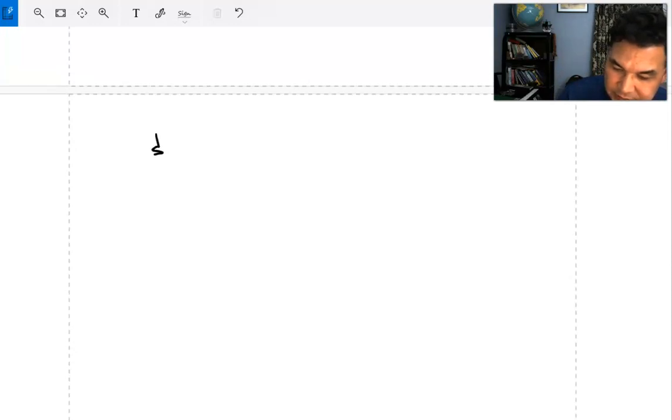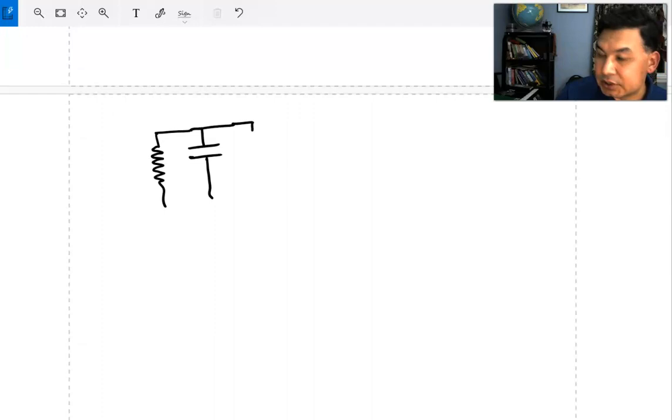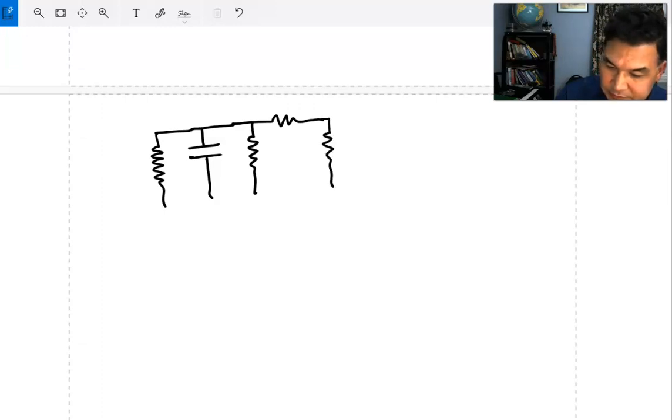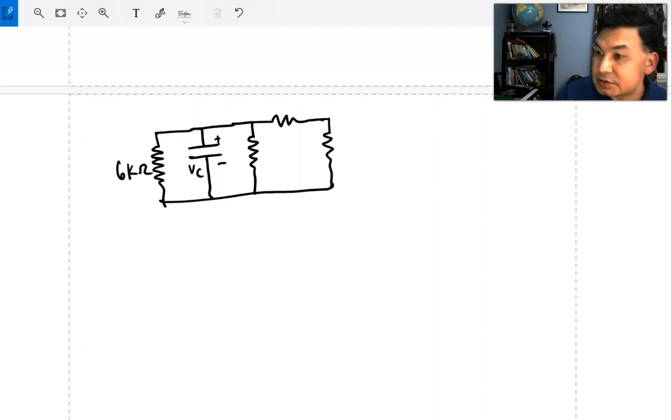So you have 6 kilo ohm, you have this capacitor charged to 0.75 volt, and you have this, right? So these are 6 kilo ohm, and this is the VC voltage across the capacitor, that will decay now.